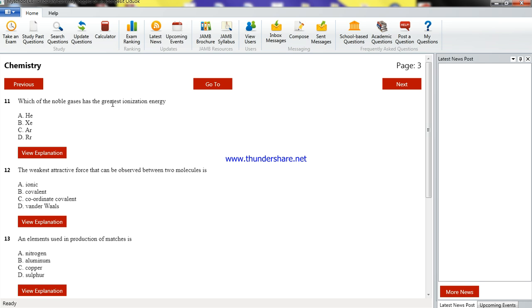For example, this question is talking about ionization energy. First ionization energy is the energy needed to remove the outermost electron. And as a rule, ionization energy increases from left to right across the periodic table.